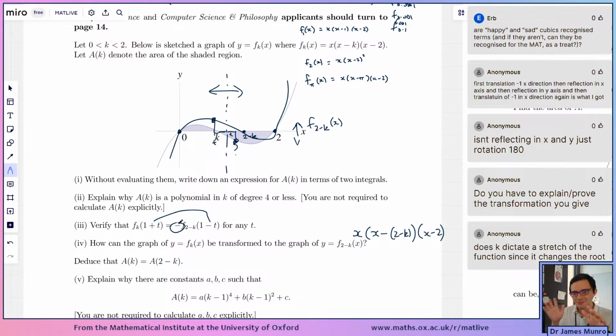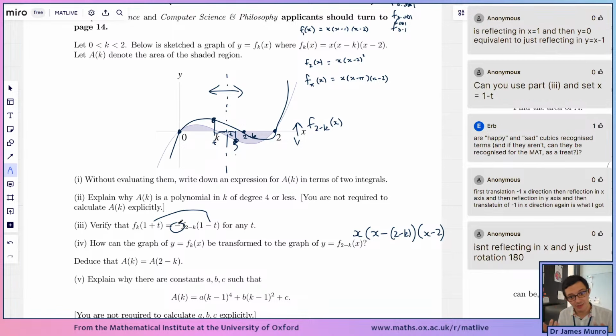The problem is that reflecting in the line x equals 1 is quite a hard transformation to spot. You can use part 3 and set x equals 1 minus t. Yes, good. That would be a very good approach. So reflecting in x equals 1 and then y equals 0 is equivalent to something.